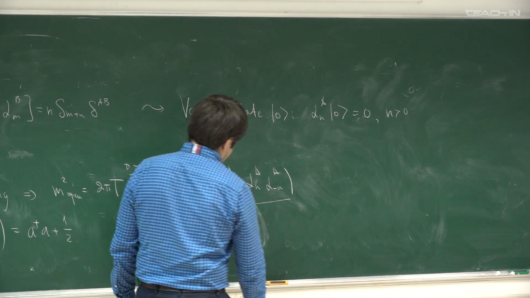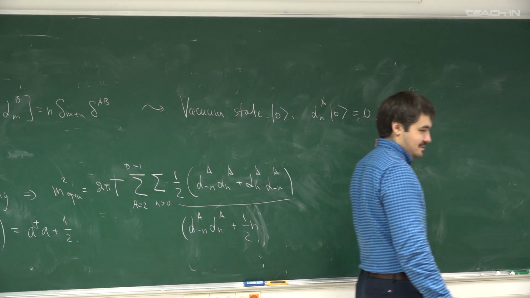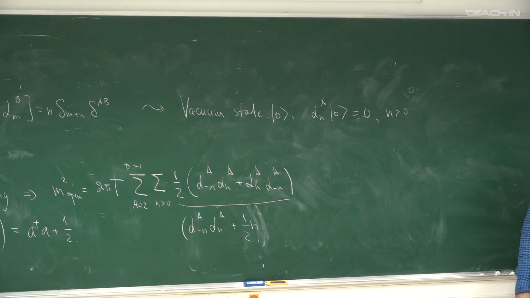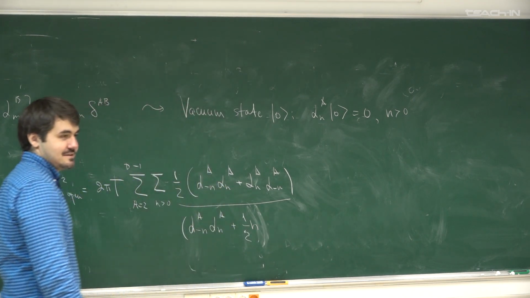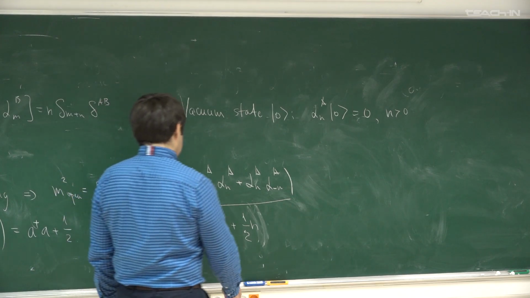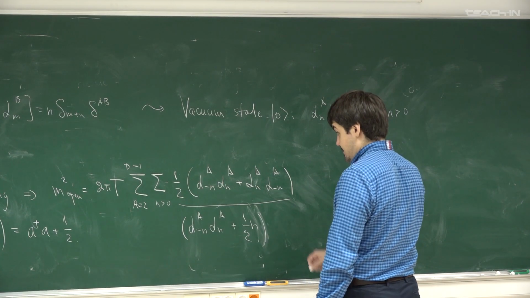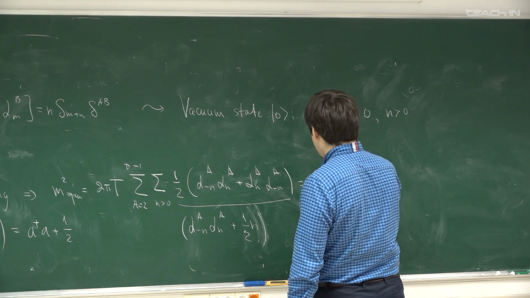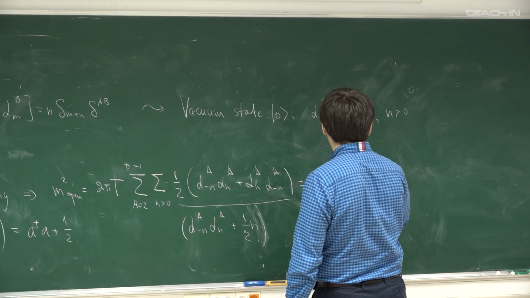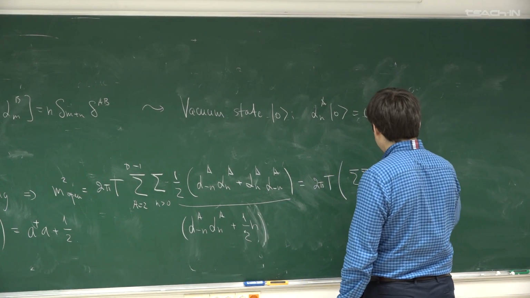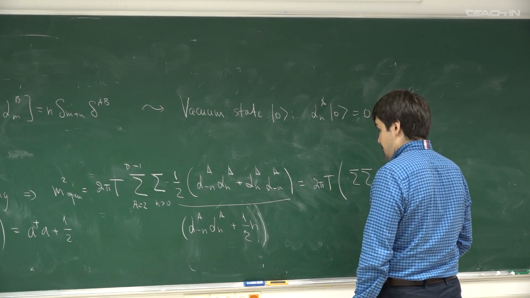It means we can ignore it. That's a negligent kind of option, but yeah, you shouldn't ignore it. So then we have here a sum, 2 pi t. There's nothing wrong with the first term, right? It's just a sum of oscillators.